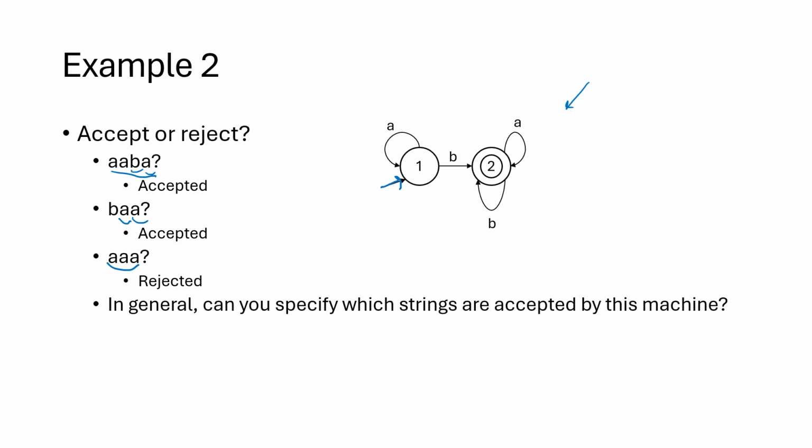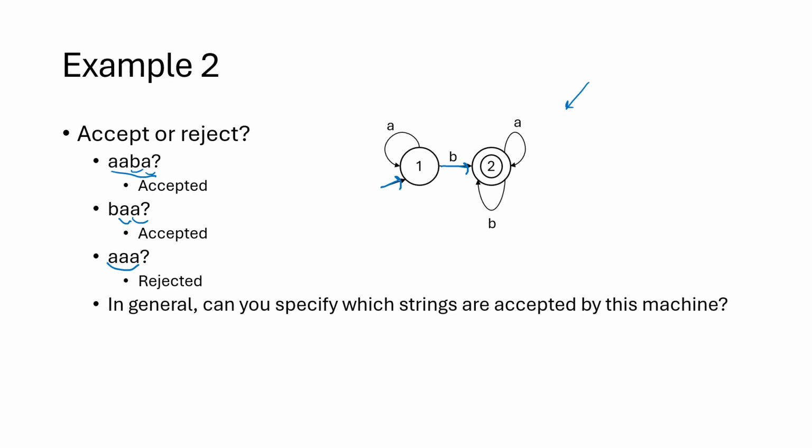So first of all, to get to 2, we need an input symbol B. Now it could be that the input stream starts with a B, or if it starts with one or more A's, that's also fine, because with A's we stay at state 1, and then as soon as we read a B, we move to state number 2.